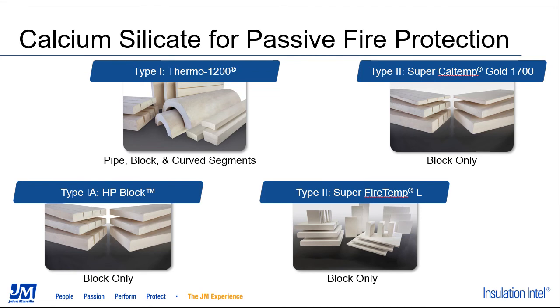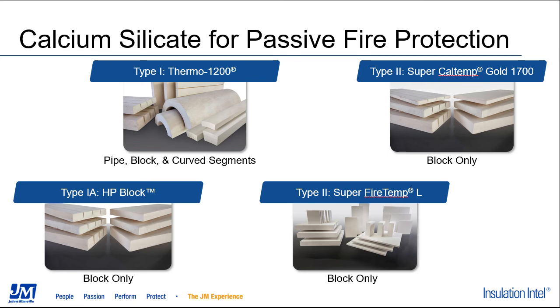We have several other products within our calcium silicate family in addition to the Thermo 1200 product line. We have an HP block product line that is a block-only format, no pipe sections or curved segments. We have a Super CalTemp Gold 1700. That's our high-temperature calcium silicate product rated for 1700 degree maximum use temperature.